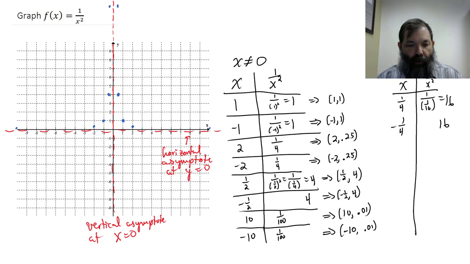And the actual sketch of the function looks like this. It increases and is asymptotic near x equals 0. This is tough to draw on my tablet. All right, and it does something similar on the other side. Let's put some arrows there saying it continues like that, and it does something similar on this side.